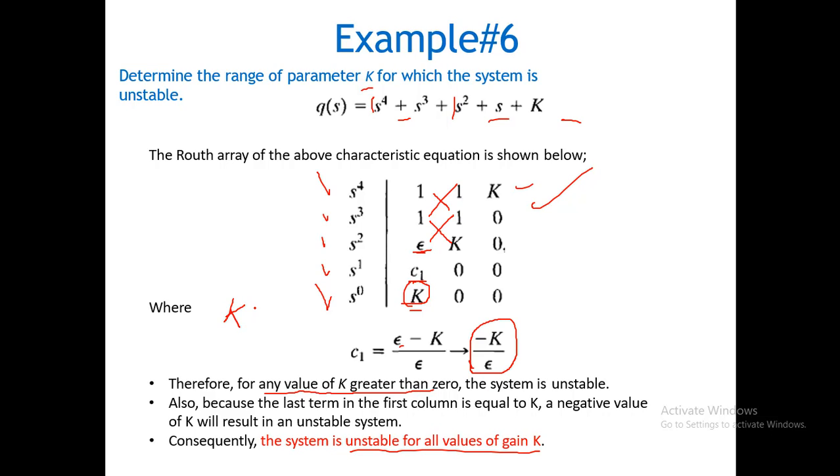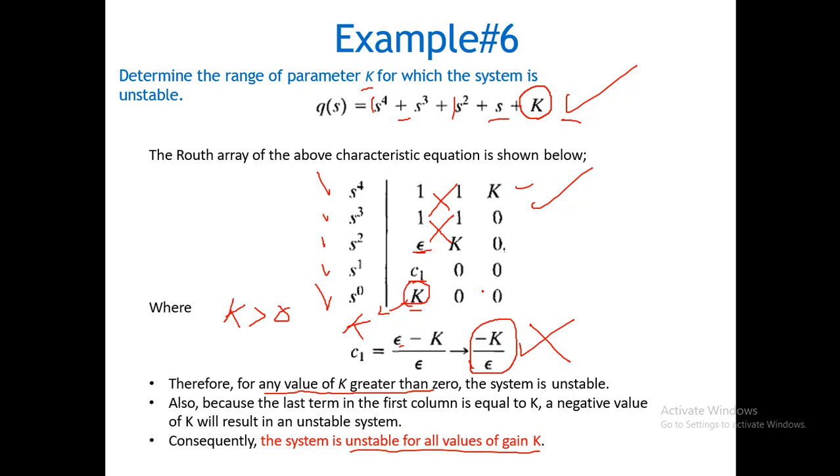If you put k greater than 0, this equation is not satisfied. Similarly, if you put k less than 0, this equation is not satisfied. So it means for all the values of k, the system will be unstable. There is no effect of this value k, because the system will be unstable for all the values of k.